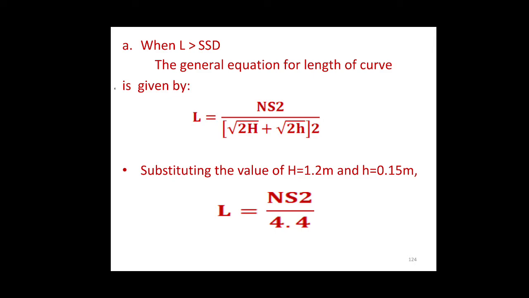Then L equals to NS square upon 4.4, where L equals to the length of the summit curve in meters, S is the stopping sight distance in meters, N is the deviation angle, H equals to height of the eye level of the driver above the road, and small h is the height of the object above the pavement surface in meters.